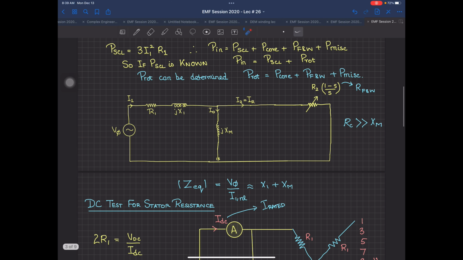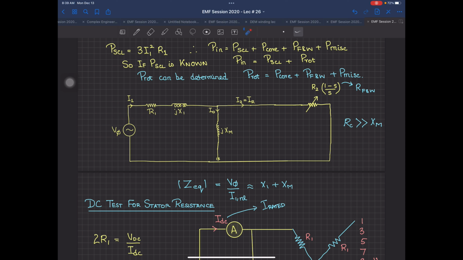So now your circuitry is just simply this one, so you can easily find your Z equivalent. And what is your Z equivalent? This is going to be equal to X1 plus XM, your phase voltage divided by the no load current. Whatever no load current is flowing, you can easily find out. Again an approximation. Why?